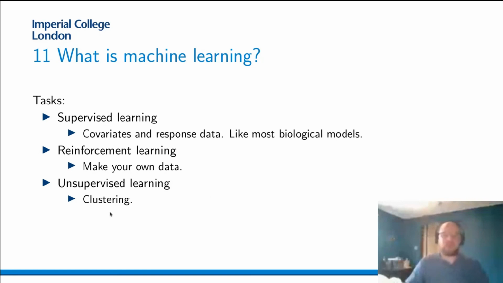But by far and away the task we most often see in biology is supervised learning. So supervised learning will be the focus of the workshop today. We won't talk about reinforcement learning at all or unsupervised learning anymore, even though unsupervised learning does come up in biology fairly often.